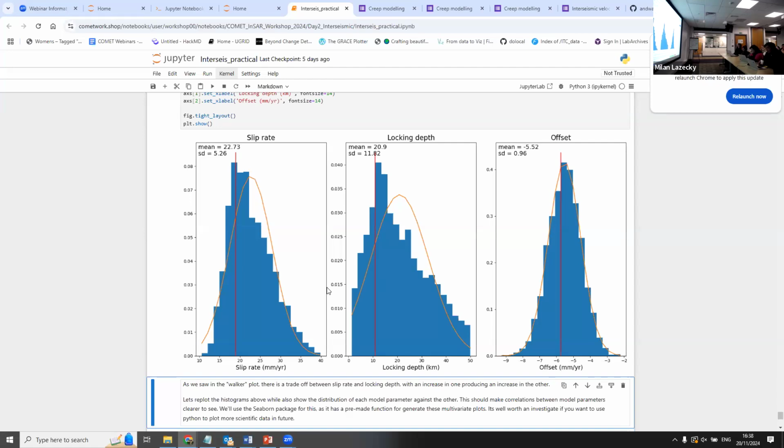So this is very important because it doesn't mean that the best fit parameters are the real ones. Every inversion may have some uncertainties. You can use this figure to evaluate the uncertainties of your parameters.